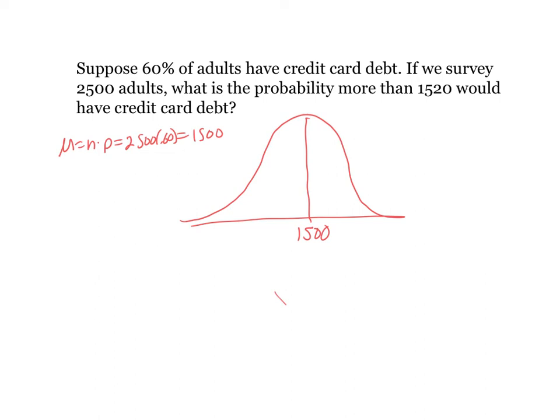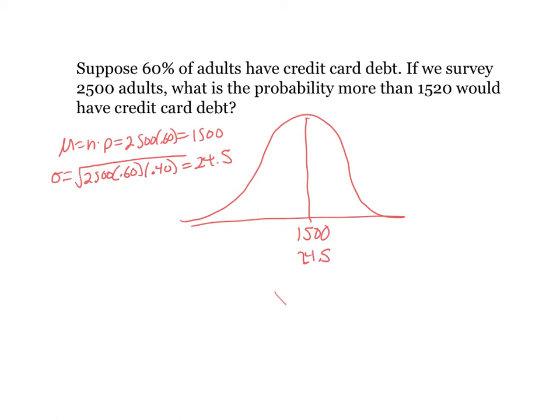And the standard deviation would be the square root of 2,500 times the probability of success times the probability of failure, and then I take the square root of that. And you can do that in one command on your calculator. And I get 24.5 roughly.